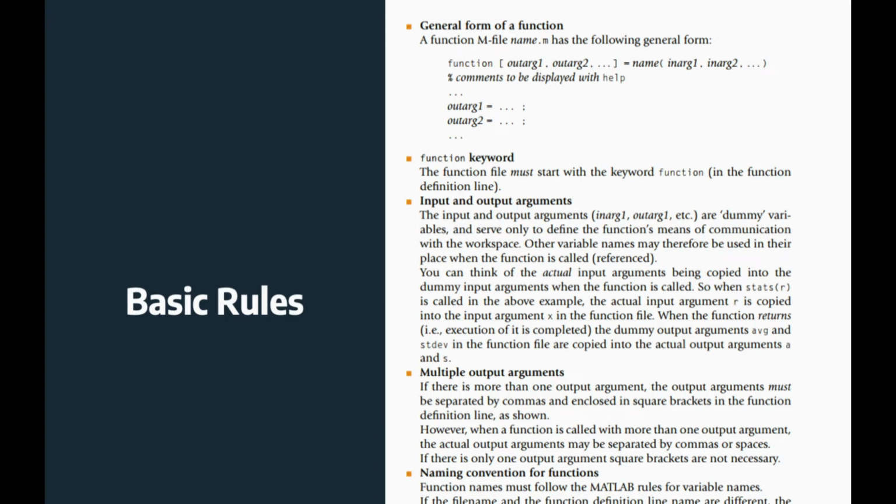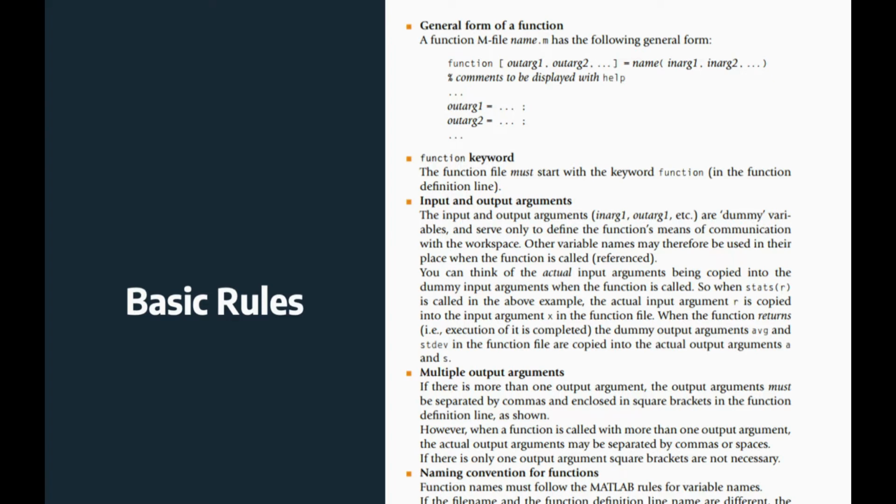Now the function keyword: a function file must start, of course, with the keyword function in specific. Now how to handle input and output arguments, or inner and outer arguments. The input and output arguments are considered just as dummy variables, and they just help to define the function's means of communication with the workspace, so that MATLAB will know what kind of function you're calling without any confusion.